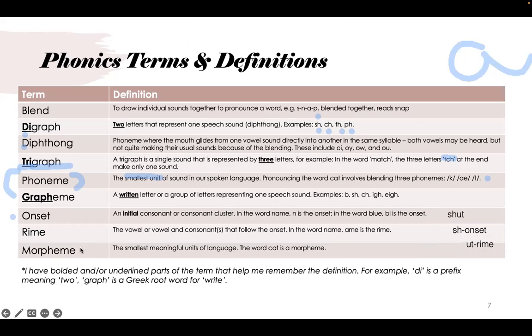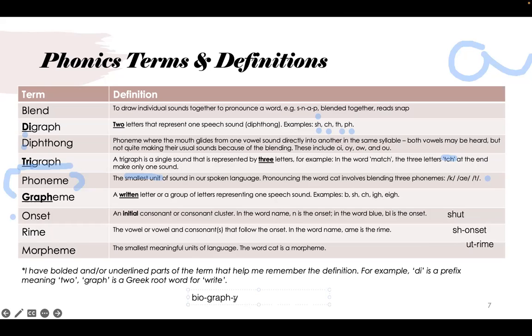And morpheme is the smallest meaningful unit of language, a word by itself. So I'm going to give you guys an example. If I wrote biography, bio has meaning in itself. Graph has meaning in itself, and the o doesn't really have it, but it gives it context.